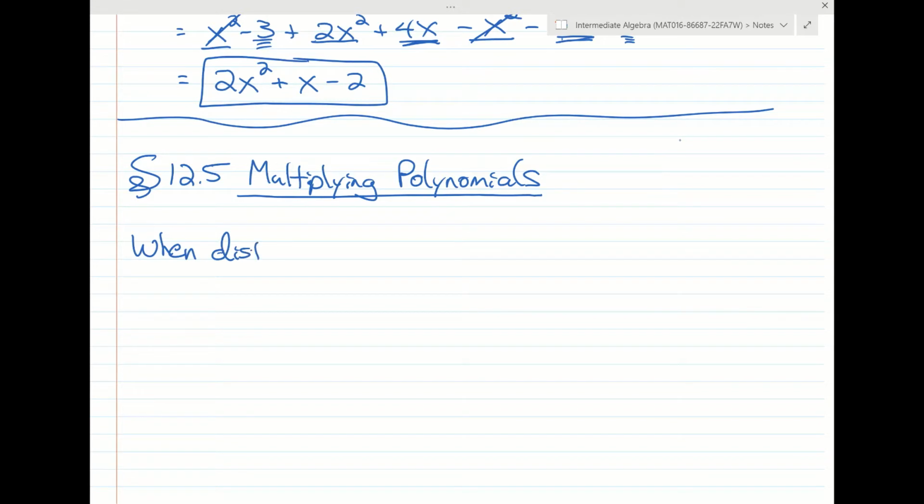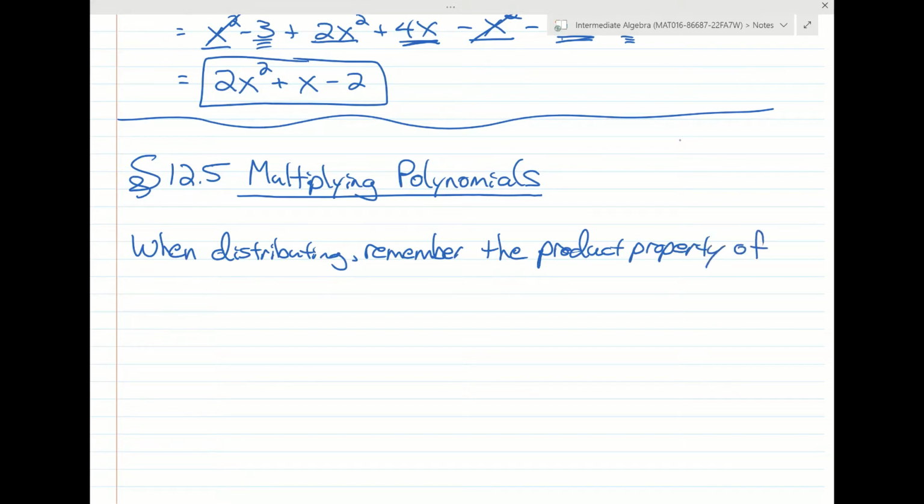When distributing, remember the product property of exponents. And just in case you don't remember, it says if you're multiplying the same base, you add the exponents. So x squared times x to the third is x to the fifth.